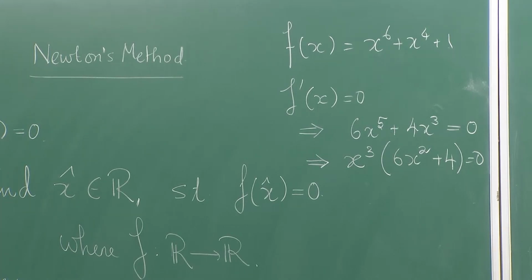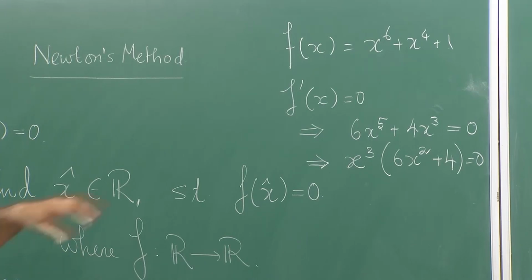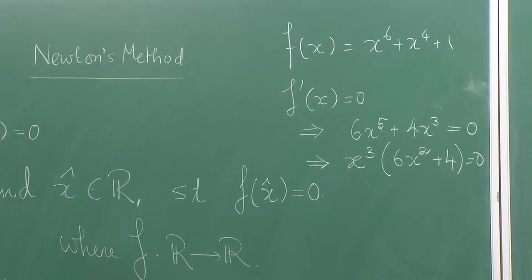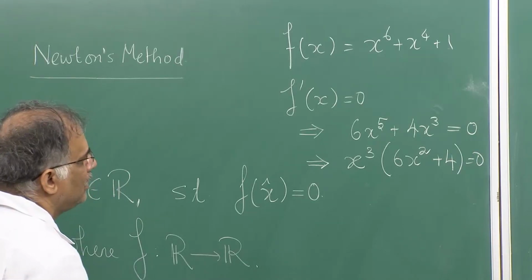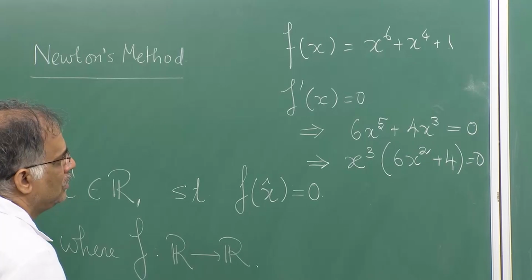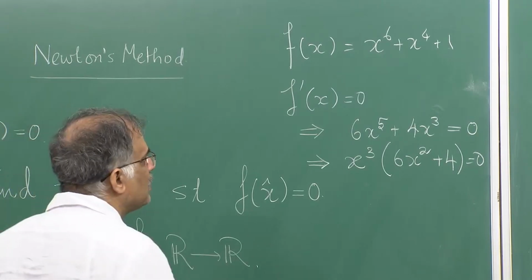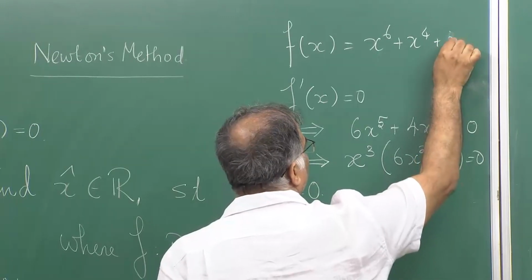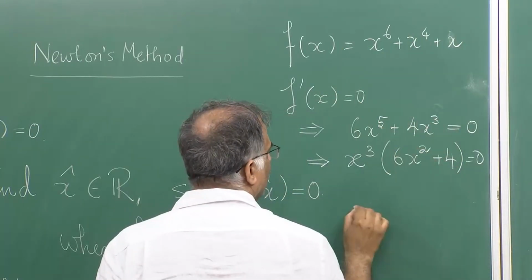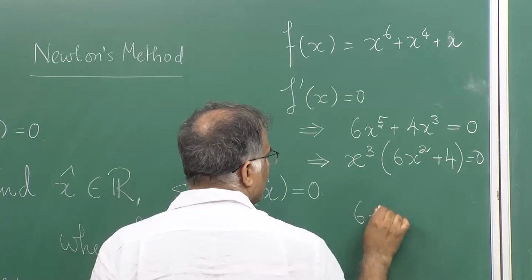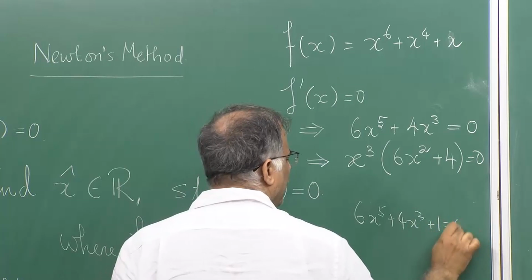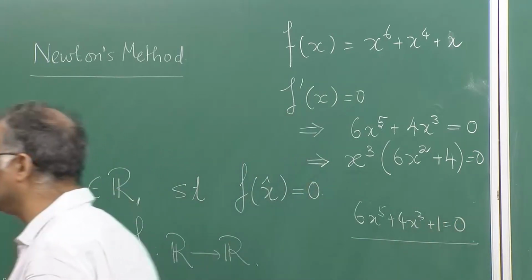Now suppose I had much higher degrees. I take x^8 or x^9 or something like that, and if I put x here additionally instead of just plus 1, then this equation will become 6x^5 + 4x^3 + 1 = 0, and that is it, you are finished.